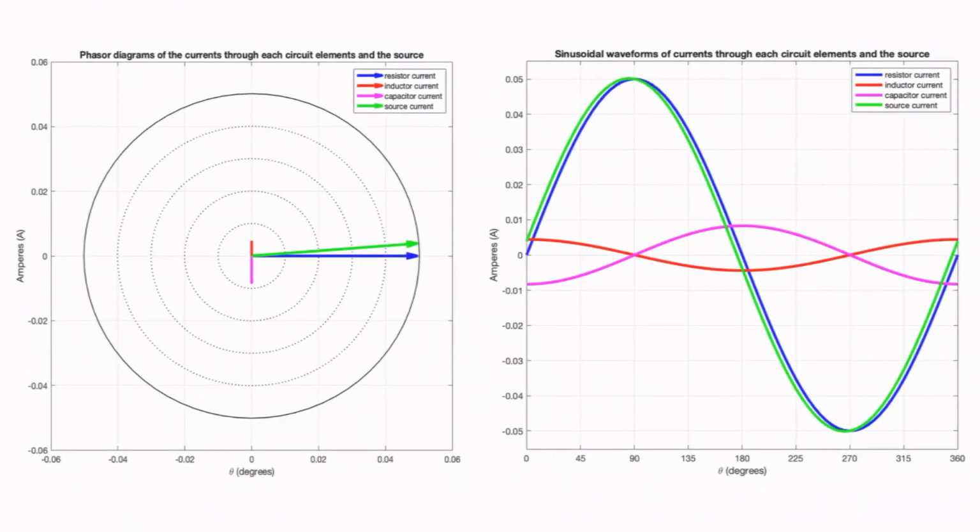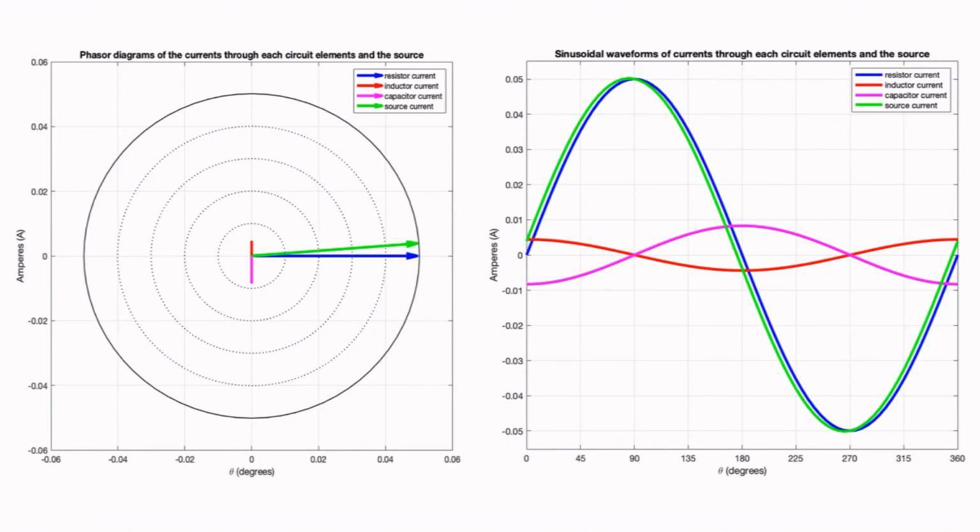The next step is to graph these values. Here in the right image, we have the phasor diagram for the currents, and in the left image, we have the plot for the sinusoidal waveforms.